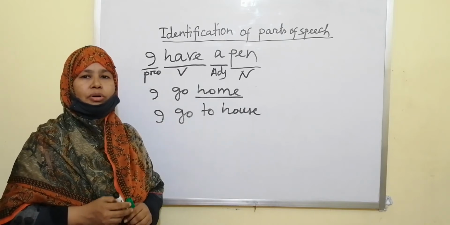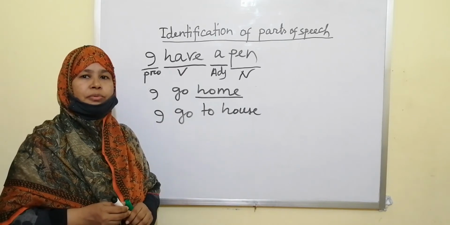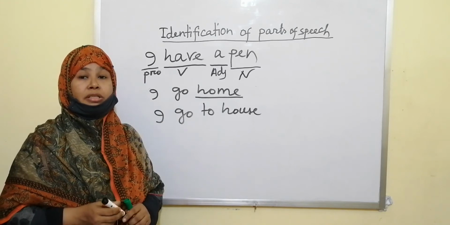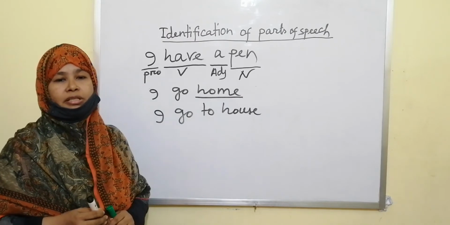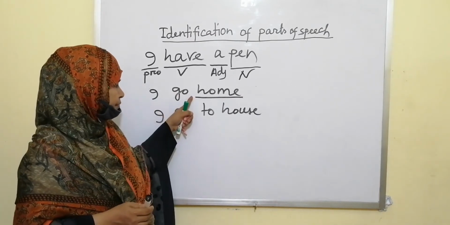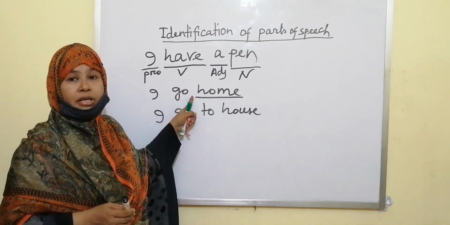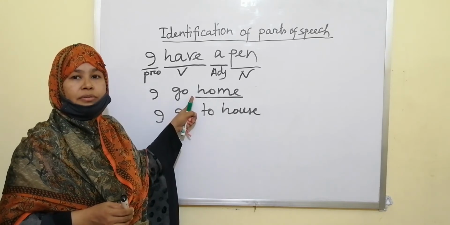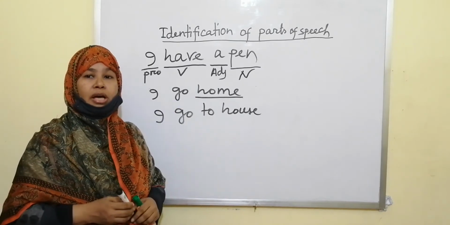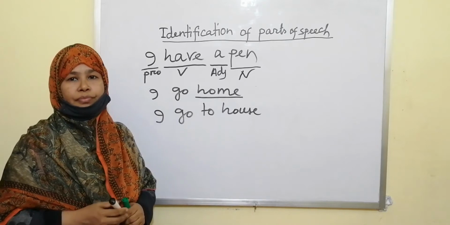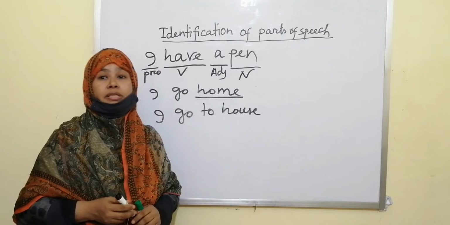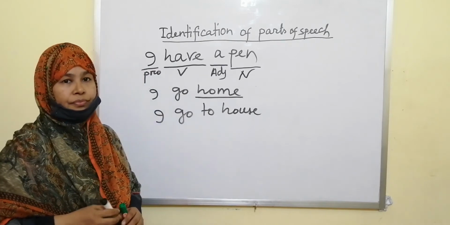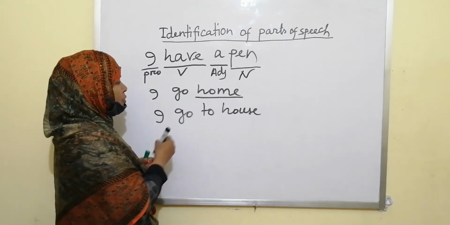Dear student, when we ask a question to the verb with where, how, we find the answer, which is adverb. Dear student, repeat again. Home is adverb here, because when we ask a question to the verb with where, how, we find the answer which is adverb. Dear students, so home is adverb here.